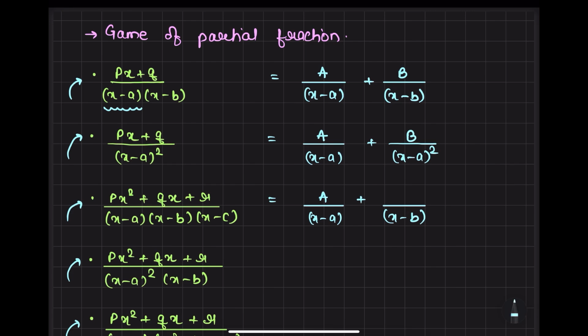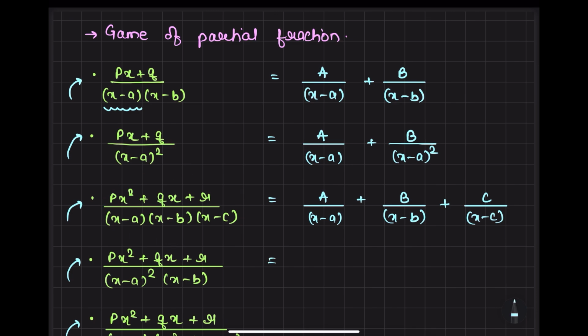This is linear, so you write a constant, that is B. Now introduce another factor, x minus c. You start the power from 1 and end at the given power, which is 1 only. Again it is linear, so you write constant C. For this question you have to find A, B and C, and instead of solving the left component you can solve the RHS component, and it will be much easier.